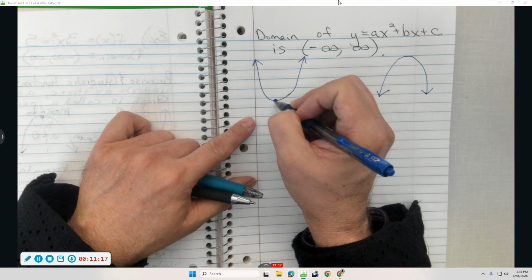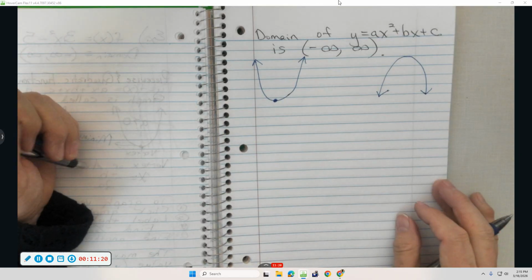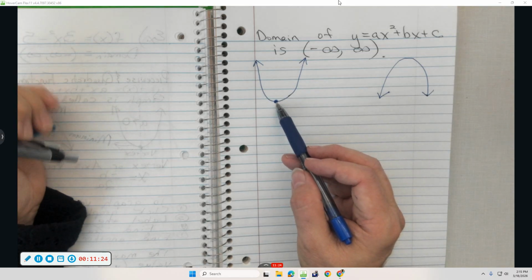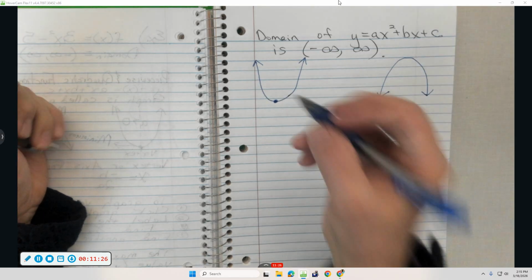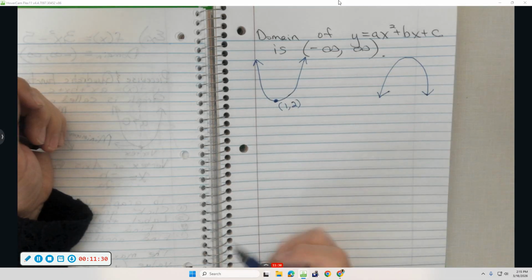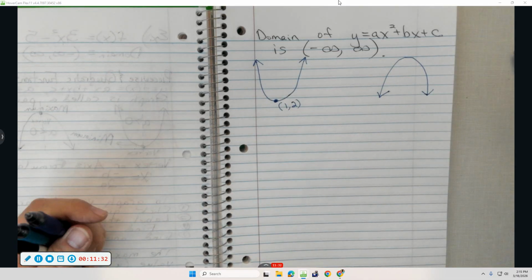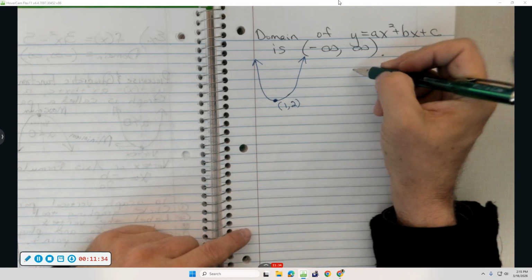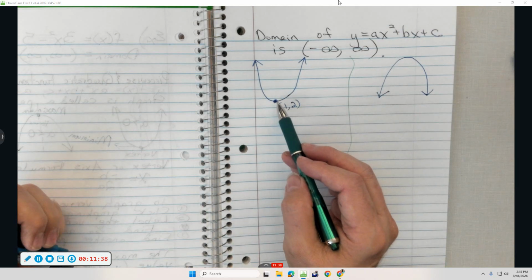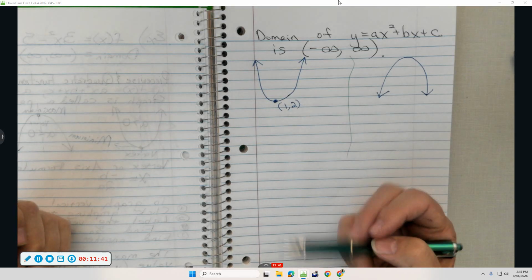Let's say, for this example, I'm going to make up two numbers as the coordinates for the vertex. I'm going to say that's the ordered pair 1, 2. Is this vertex corresponding to a maximum or a minimum?